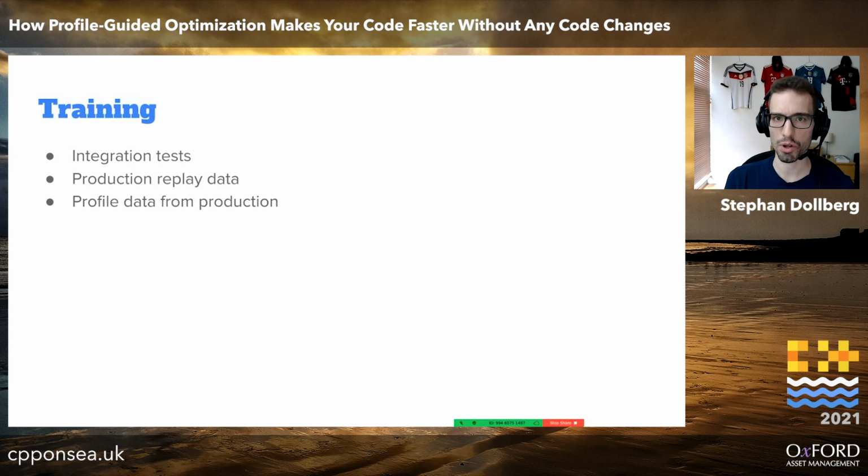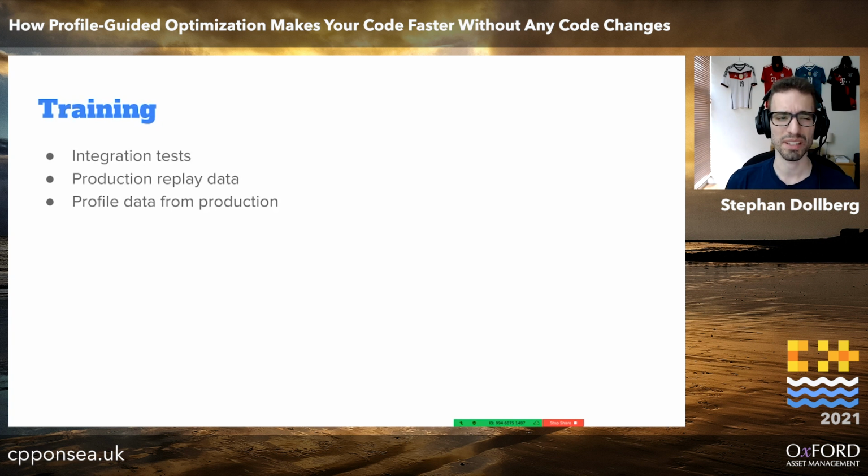It's not about one hot loop that you make super fast. It's about many small optimizations across your whole binary. And if you think about branches, you probably have lots of branches in the application, maybe for special cases where certain requirements in your business area need just one little if branch, but you don't want to optimize for that. That's why integration tests are good.